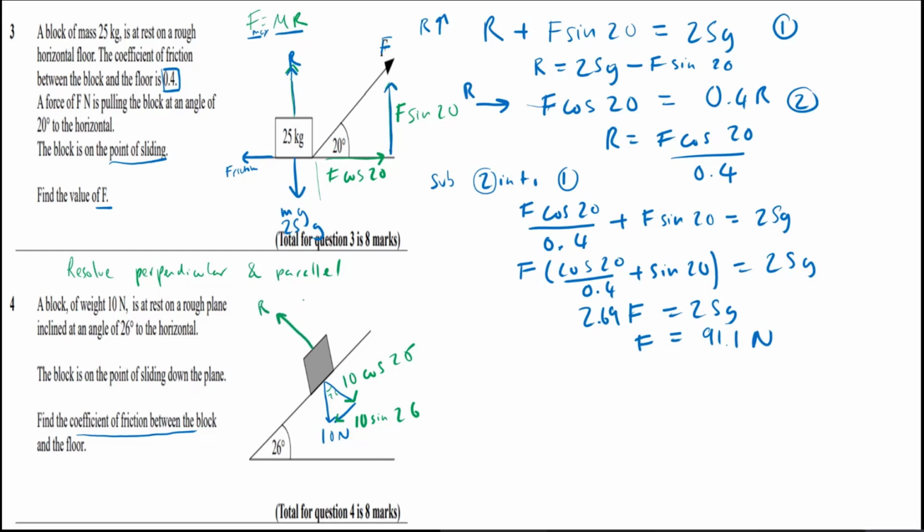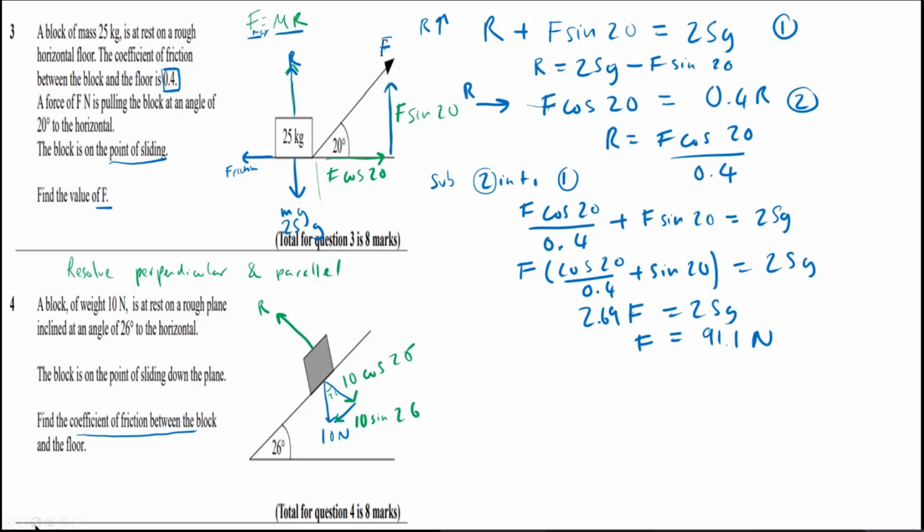Oh, you knew sine 20 by accident in the question? Oh, okay. Was that in question 3 you're talking about, Luca? Question 3. Oh, okay. So if you would have got there, then well done. Because having those skills will get you method marks in lots of other different questions. So that's a good start.